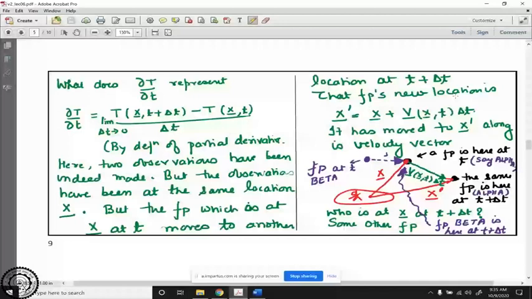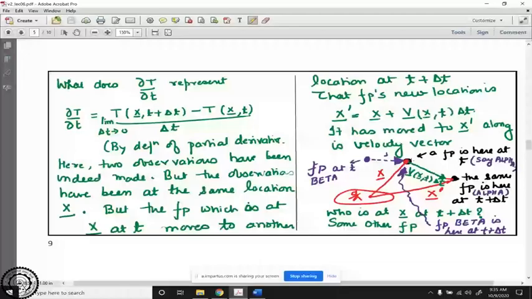That fluid particle's new location will be denoted by x prime, where x prime is the original location at time t plus the velocity at the original location at time t multiplied by delta t, right?